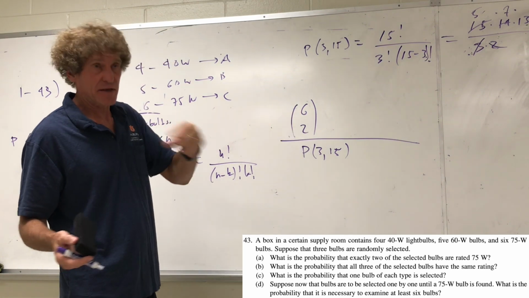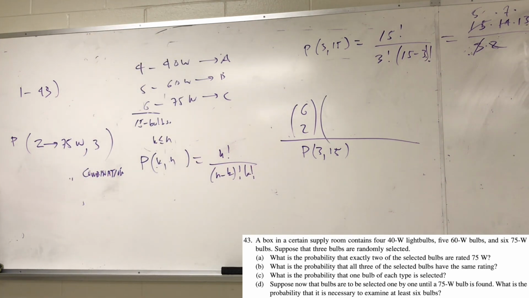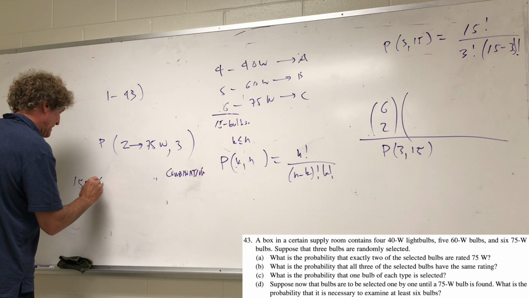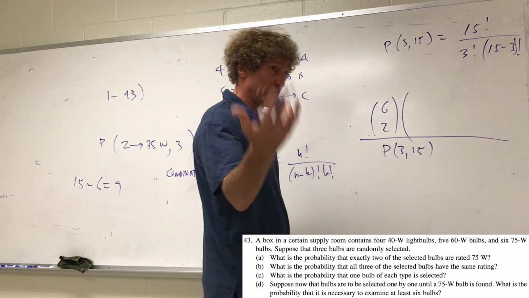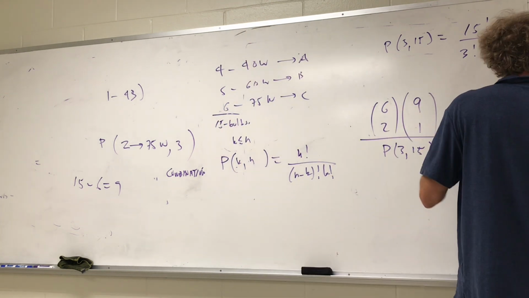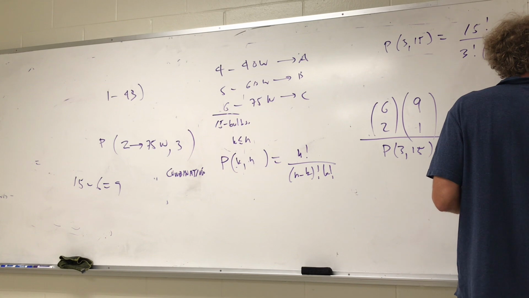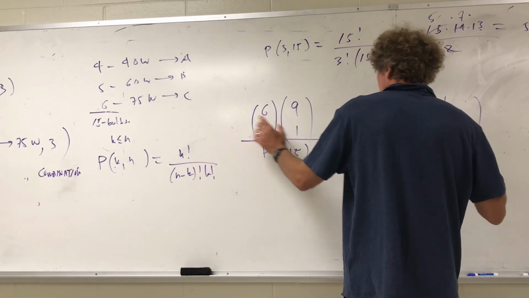Now you got 1 left. So I got 15 total bulbs. So 15 minus 6 right here, that's 9 total. So if I look at the way to take one of those bulbs from 9, this would be 9 over 1. The first one here is 6 factorial over 2 factorial times 6 minus 2 factorial. That's the first part.